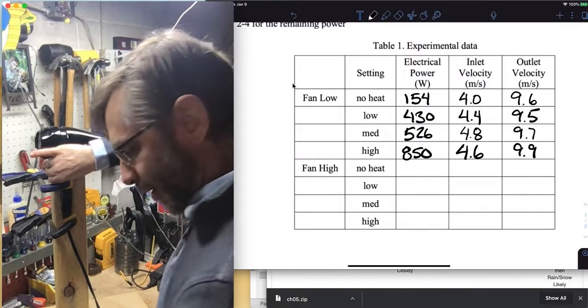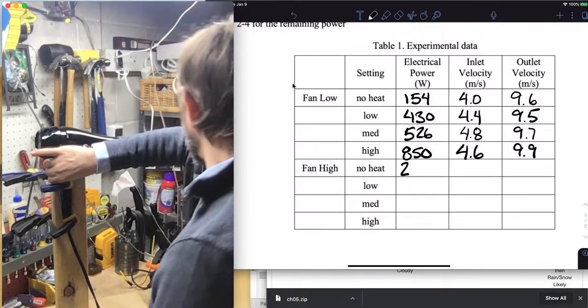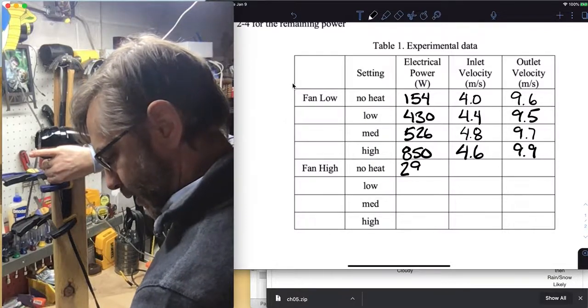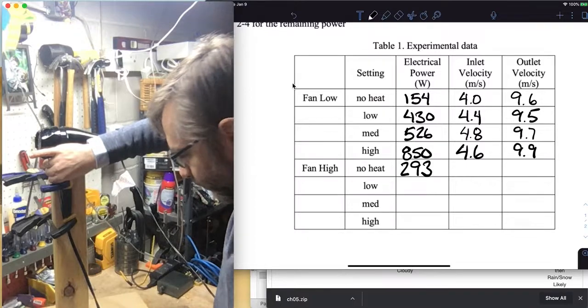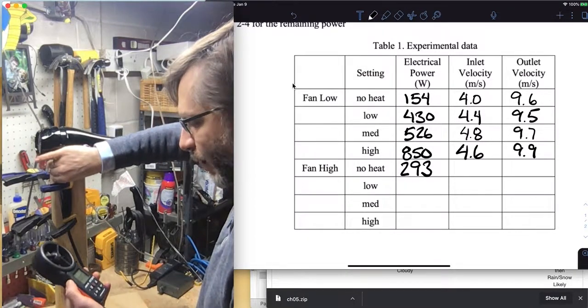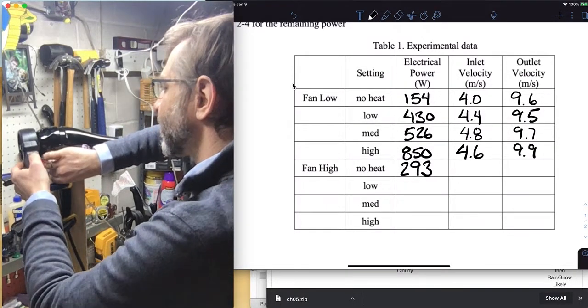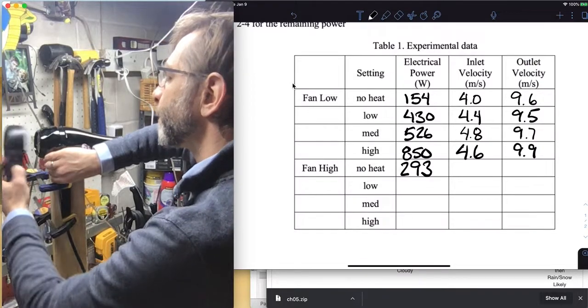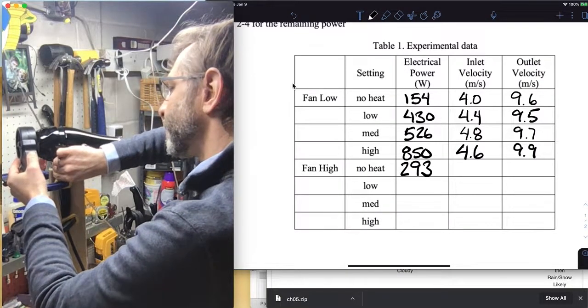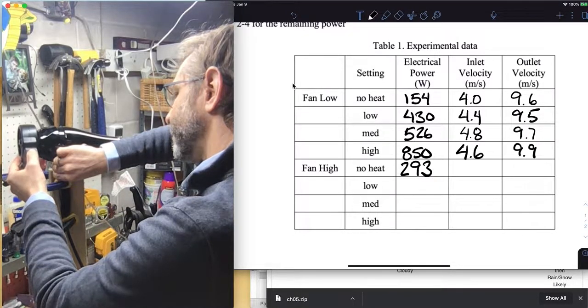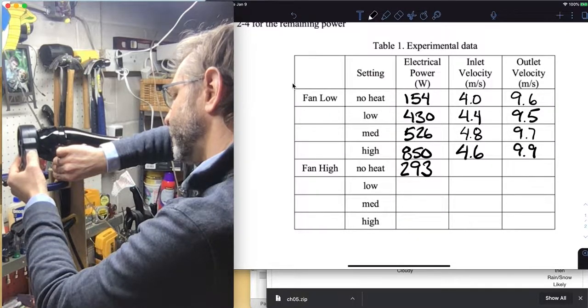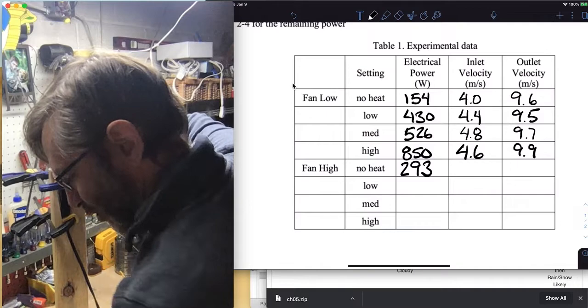So the power meter is saying about 293. So it's about 293 for that. Now let me figure out what the velocity is. It's about 7.2.